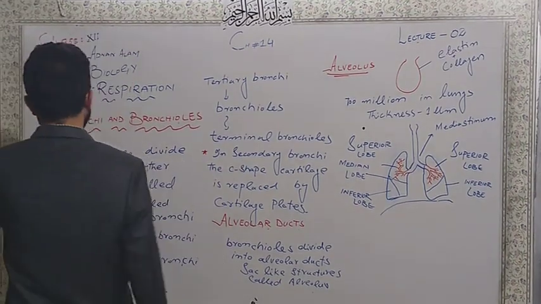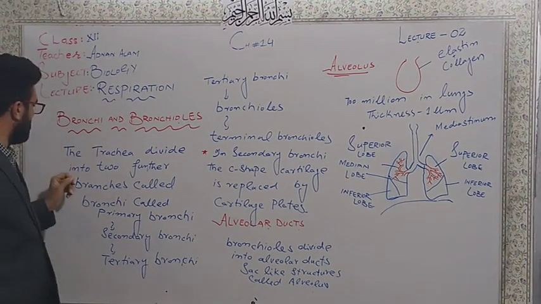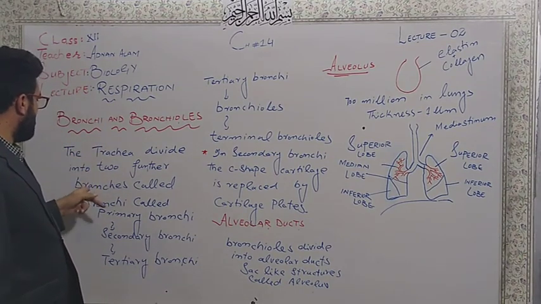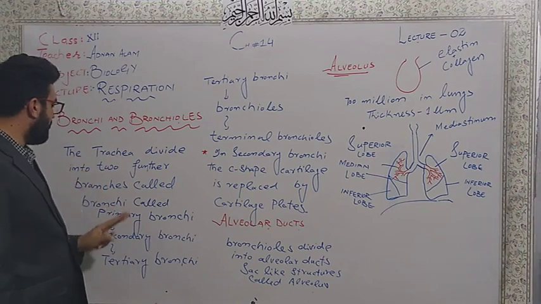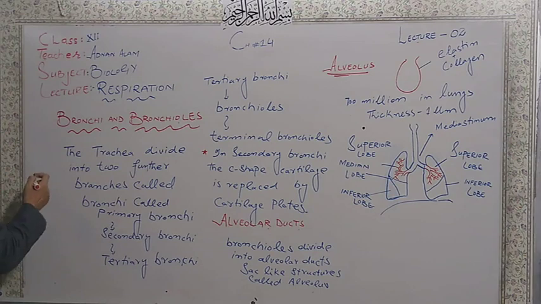Okay, dear students, now the next one is bronchi and bronchioles. The trachea divides into two branches called bronchi. Let's suppose this is the trachea. This trachea further divides into two branches, and these are called primary bronchi.